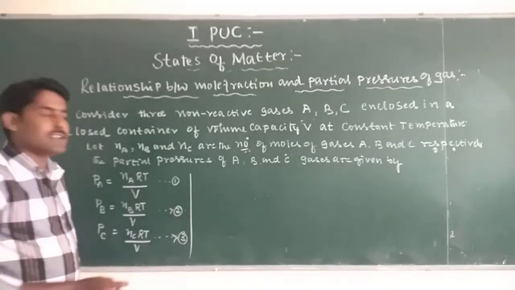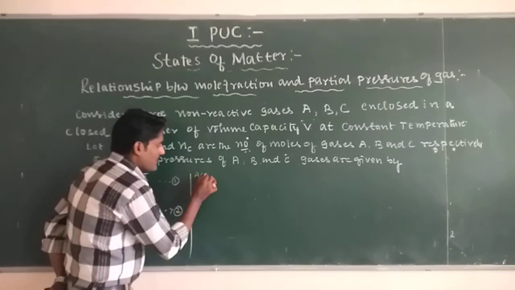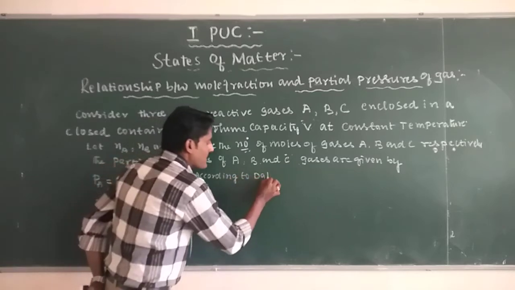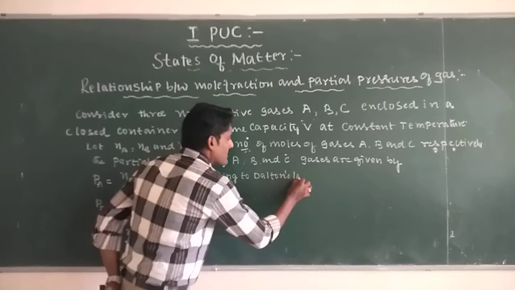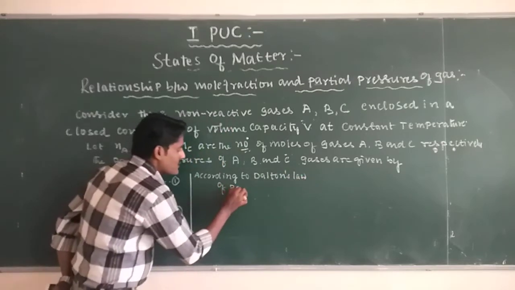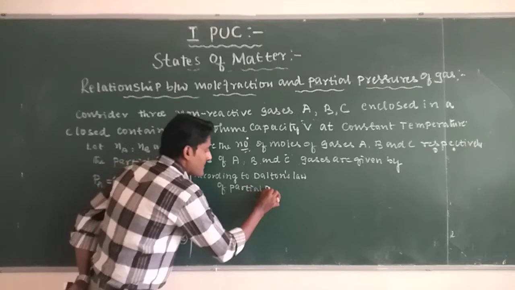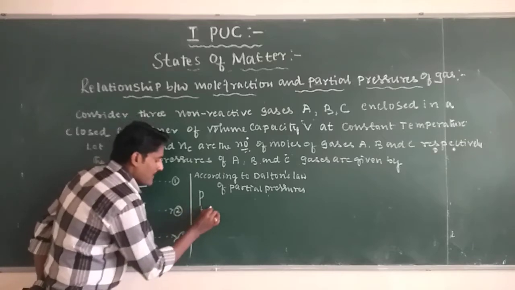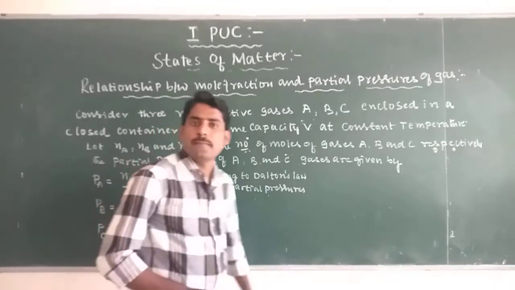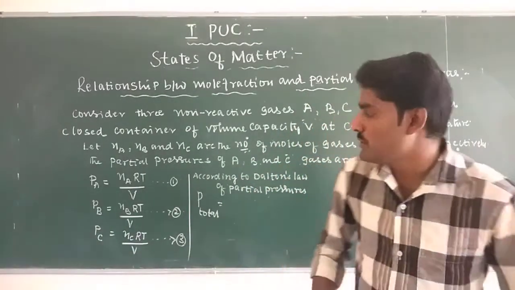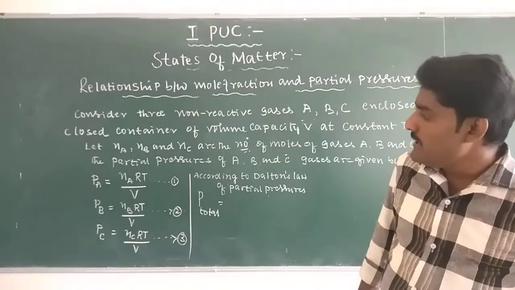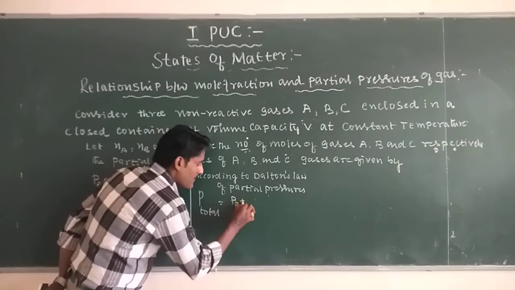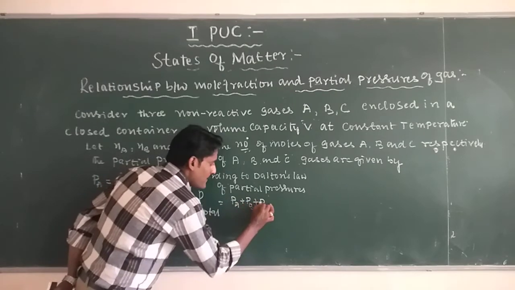Now, according to Dalton's law of partial pressures, the total pressure exerted by a mixture of non-reactive gases is equal to the sum of the partial pressures Pa, Pb and Pc. So P total is equal to Pa plus Pb plus Pc.